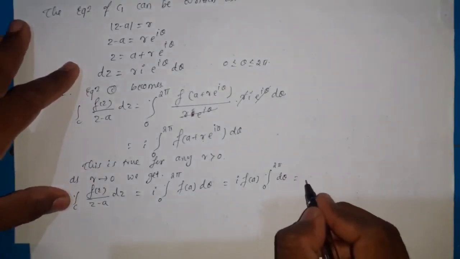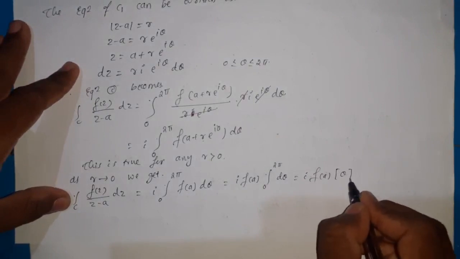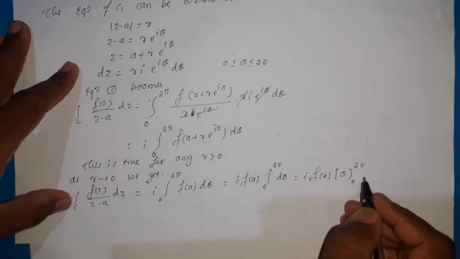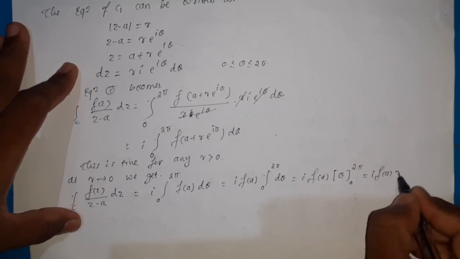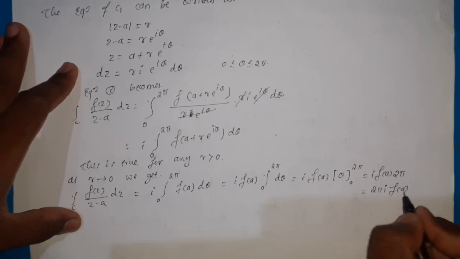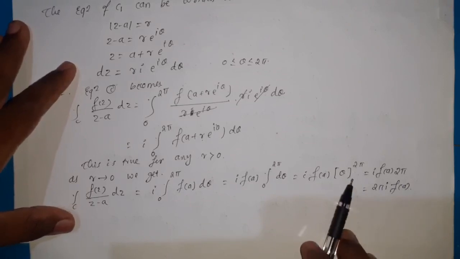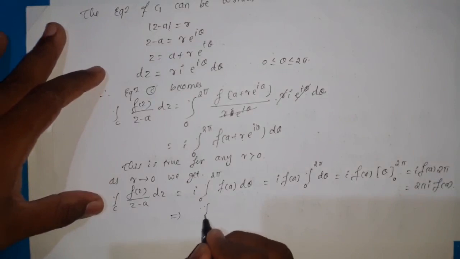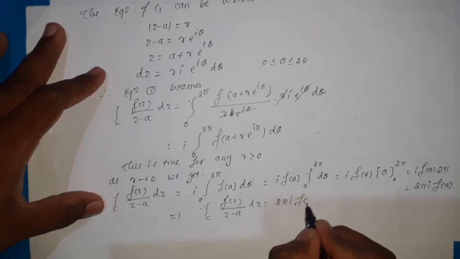Integration of d theta is theta within the limits 0 to 2 pi. Then its value is i into f of a into 2 pi, or 2 pi i f of a. The upper limit is 2 pi and lower limit is 0, so that becomes 2 pi only. Now it implies that integration over C of f of z divided by z minus a into dz equals 2 pi i f of a.